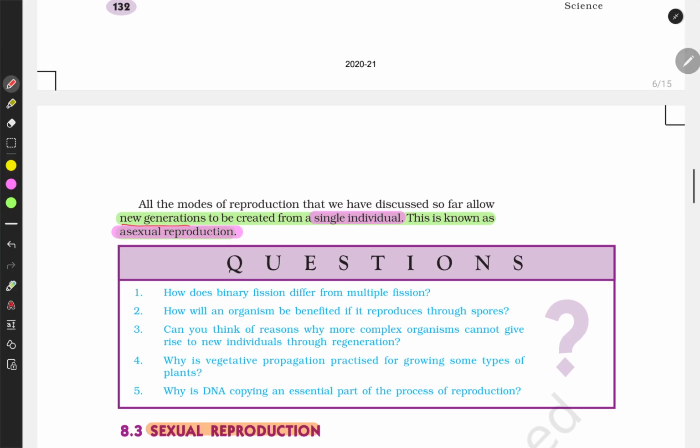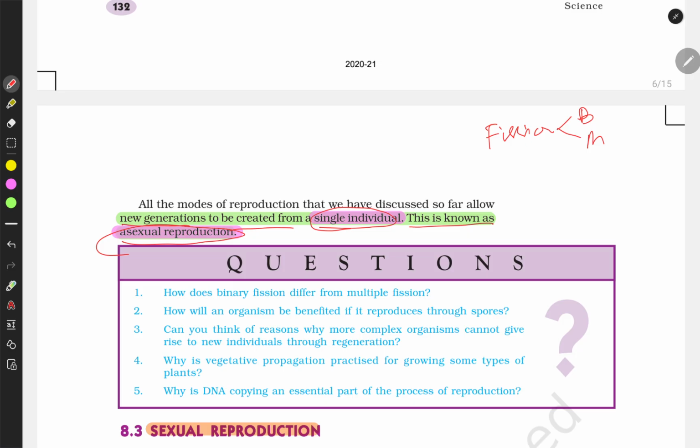The new generation can be created from a single individual. This is known as asexual reproduction. So this is the asexual reproduction that we have discussed here, with its different modes. We studied two types of fission, one is binary and another is multiple fission.